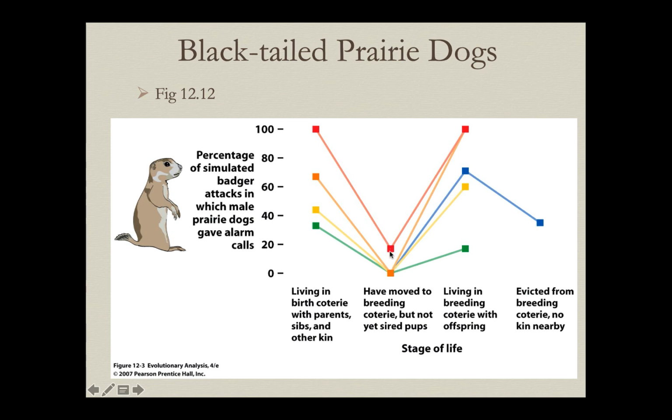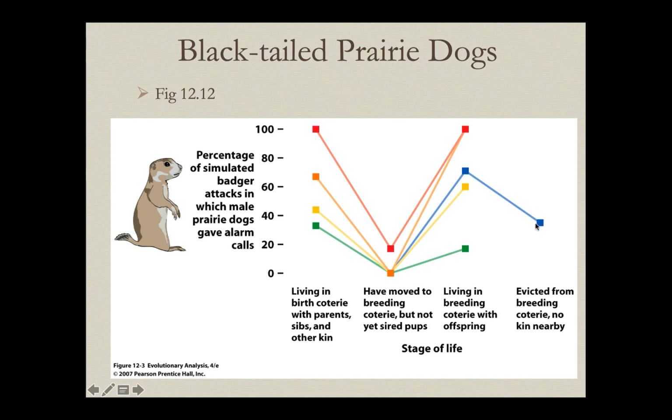But if they live there long enough that they're able to breed in these coteries, now they resume their behaviors. Again, some individuals have personalities that make them braver than others, but you see in all cases an increase in the likelihood that they're going to call again. Now, this one individual lived long enough to be evicted by another group of males from the coterie and was excluded.